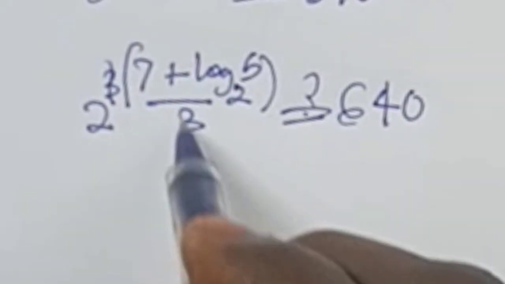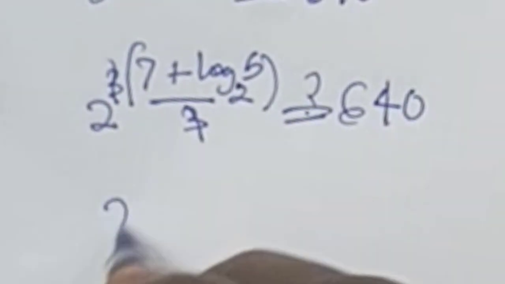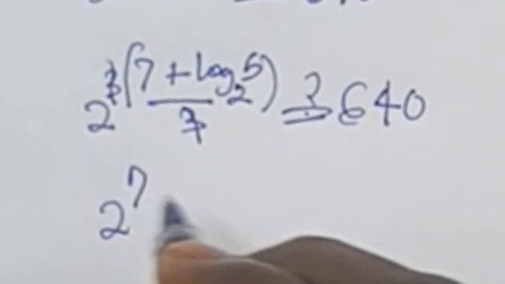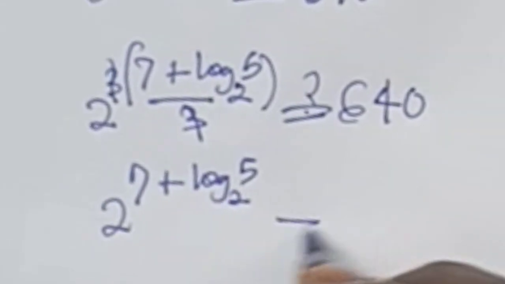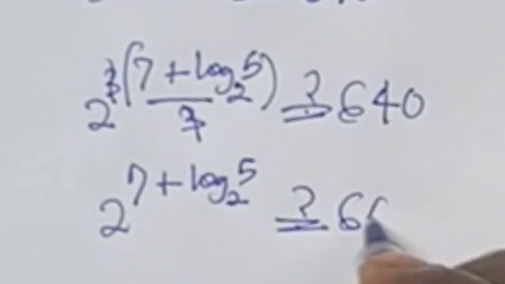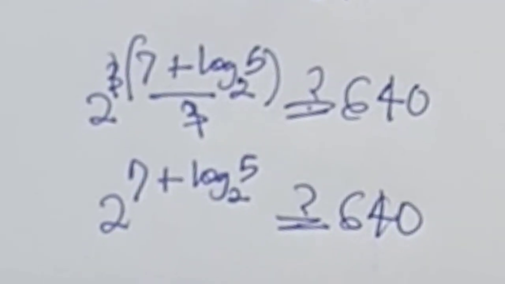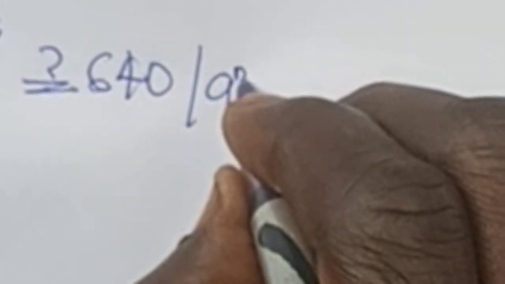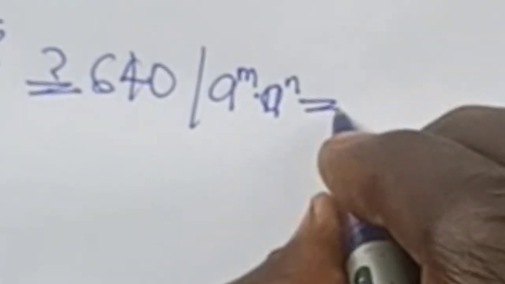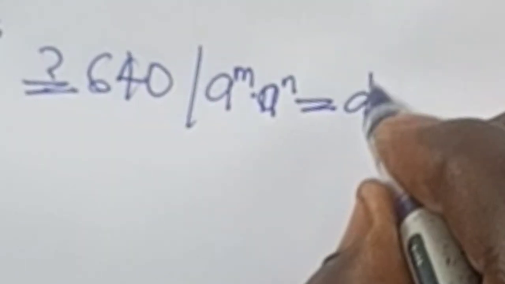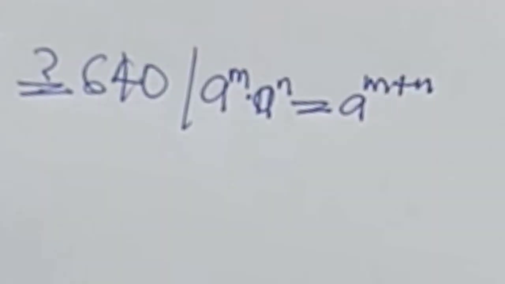And here 3 can cancel out. What is left is 2 to the power of 7 plus log 5 base 2. Can this be equal to 640? But a to the power of m times a to the power of n can be written also as a to the power of m plus n.